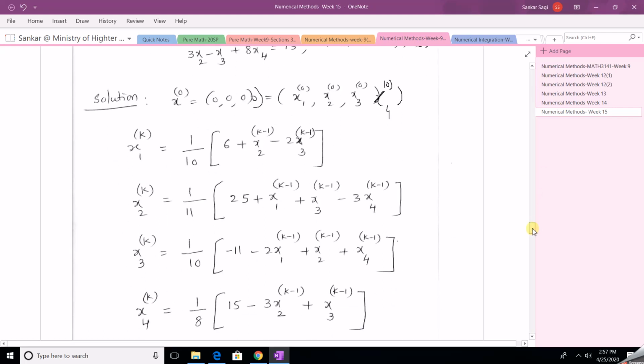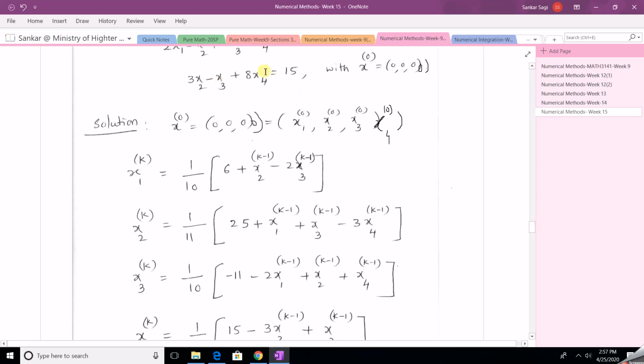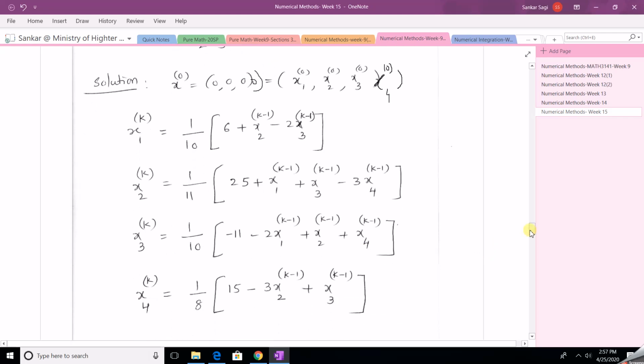And similarly, from the last equation, we have to solve for x4. So x4 is equal to 1 over 8 times 15 minus 3x2 plus x3. If we take these two terms to the right hand side and then divide by 8, x4 is this.